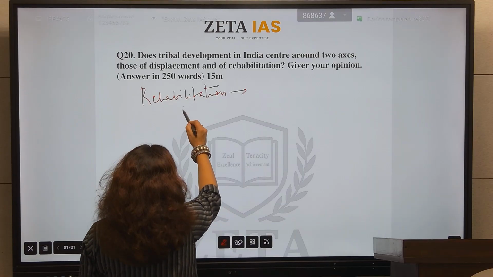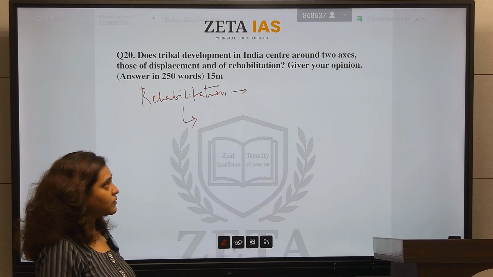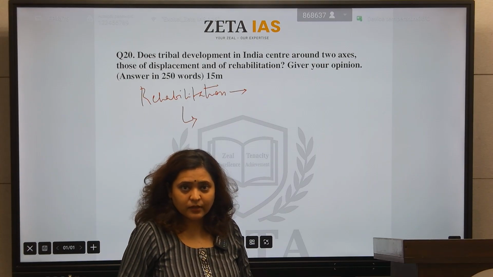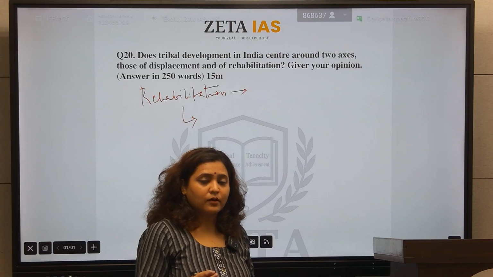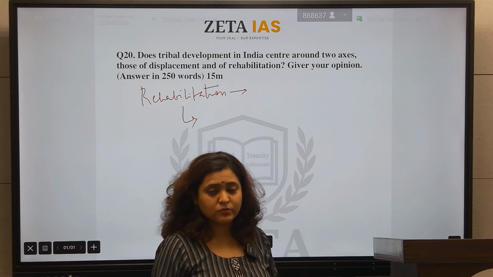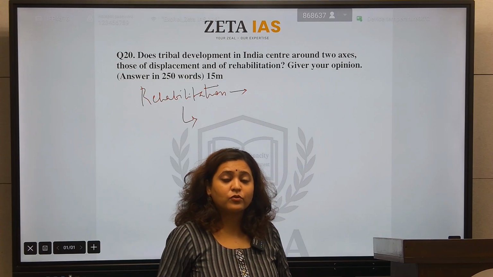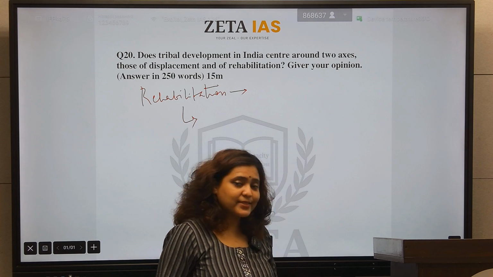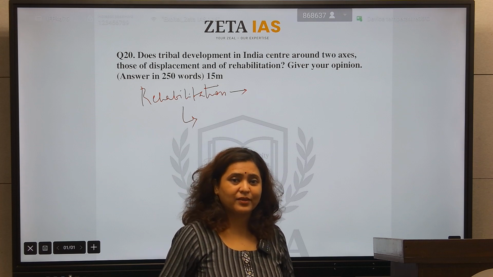But rehabilitation is a very big problem because tribal people have this habit of living in groups. If you know about tribal rules, the patriarch is the guiding force of the entire group, and they have their own laws and their own rules. Now when you resettle them, their resettlement is happening in scattered areas.